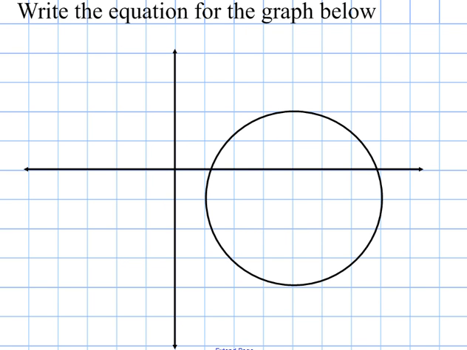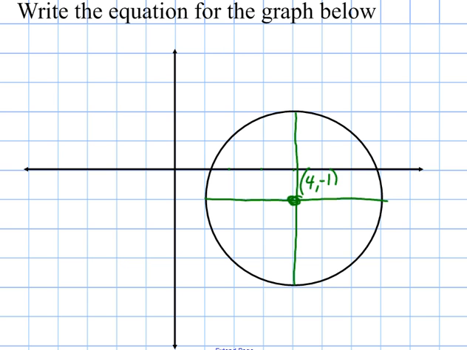All right, now moving away from given the equation, graph it, let's get the graph and write the equation. So we have to find the center. I look to see that's the center, and that point is 1, 2, 3, 4, negative 1.